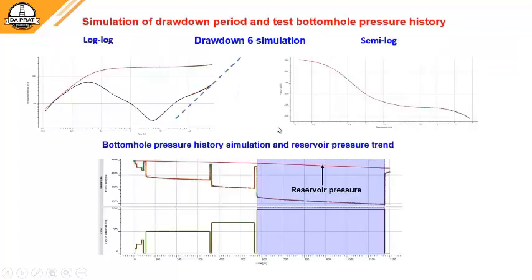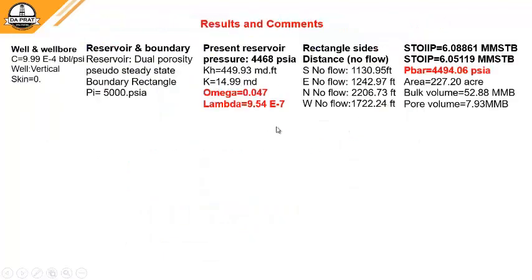Okay, we got these distances. 1130 for the south. Well, southeast, northwest, it's just a reference. You can rotate your rectangle if you want to position it according to your map. It's actually in the middle of a rectangle. One side is twice, or a little more than twice, the other sides.